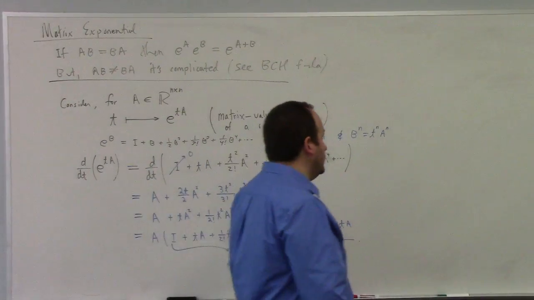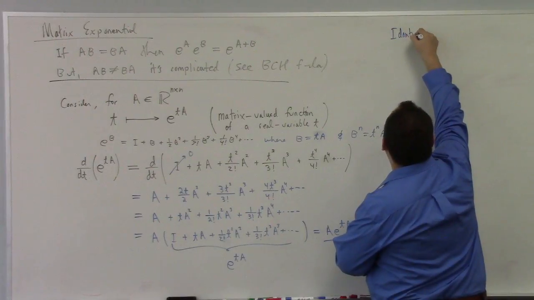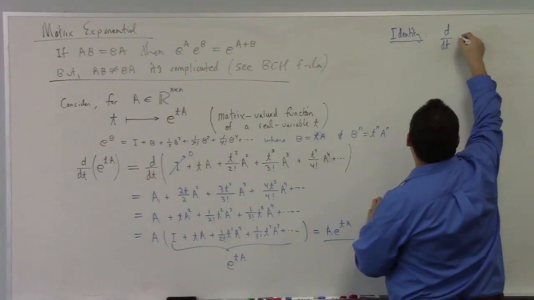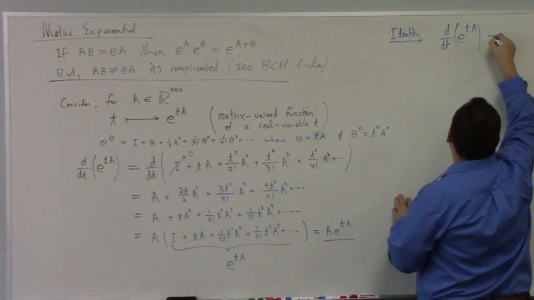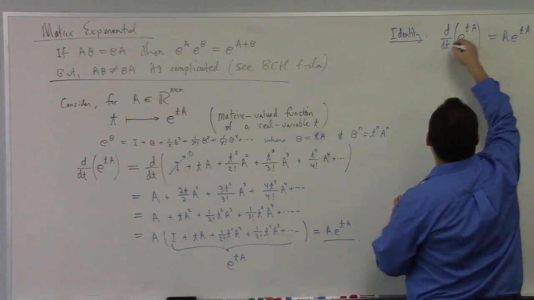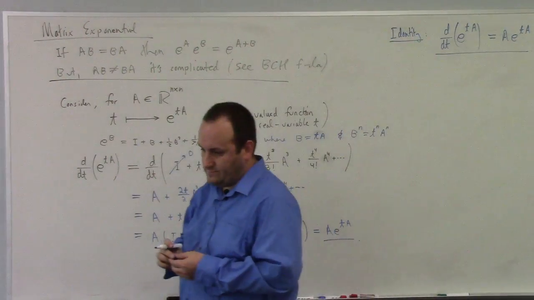So there's a beautiful identity that we have just found. The derivative with respect to time of the matrix exponential e to the ta is equal to A e to the ta. Any questions?